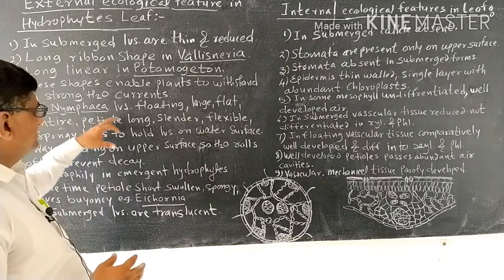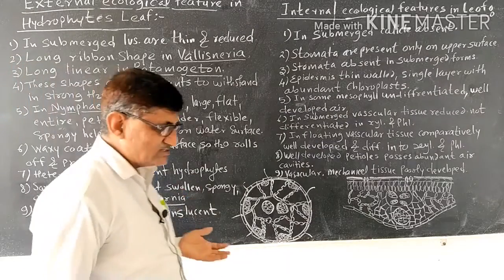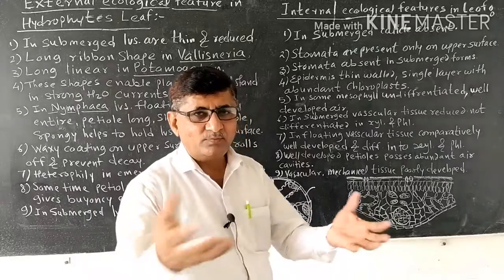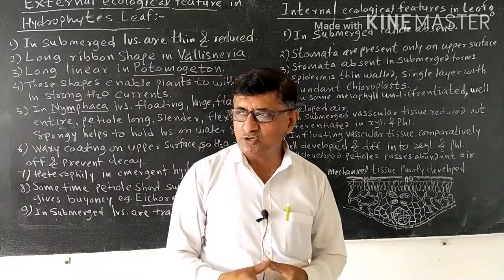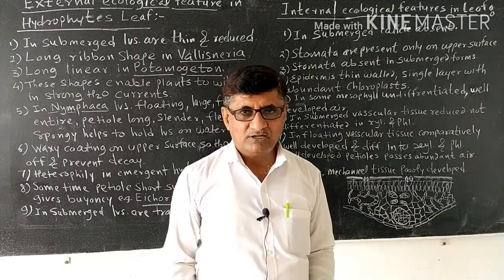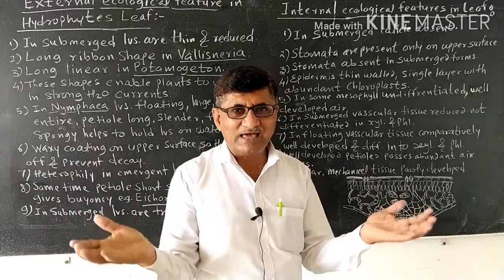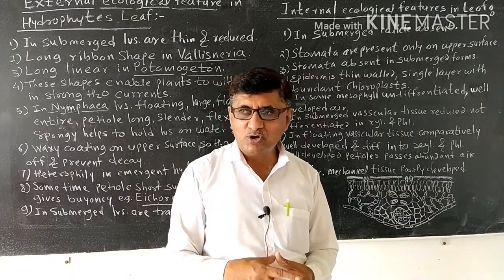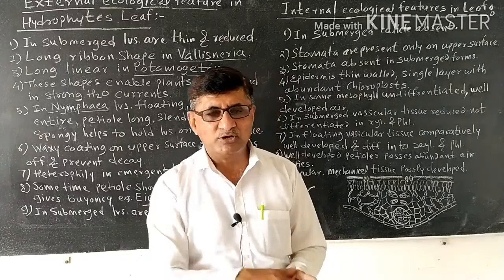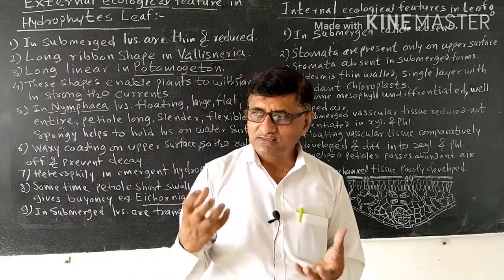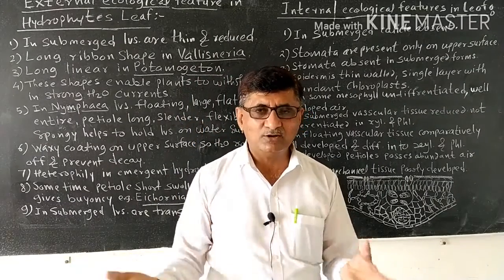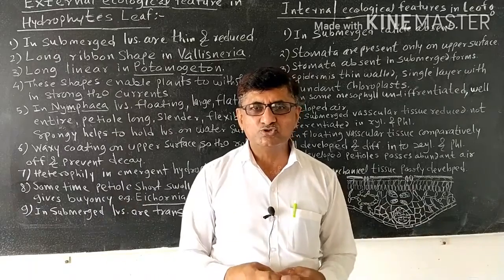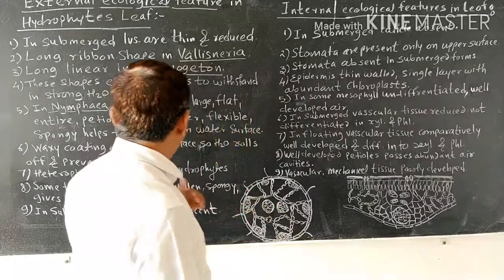In Nymphaea, the leaves are large and flat, and they float over the surface of water. Why are they large and floating? Because this structure helps the hydrophyte carry out photosynthesis very efficiently.